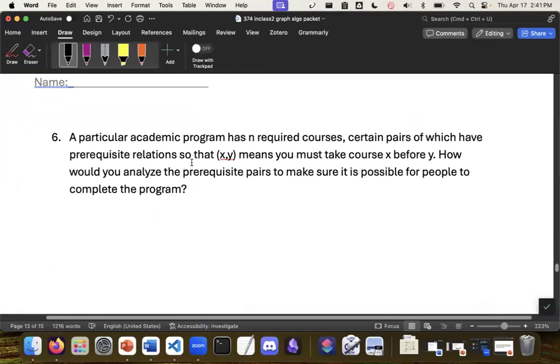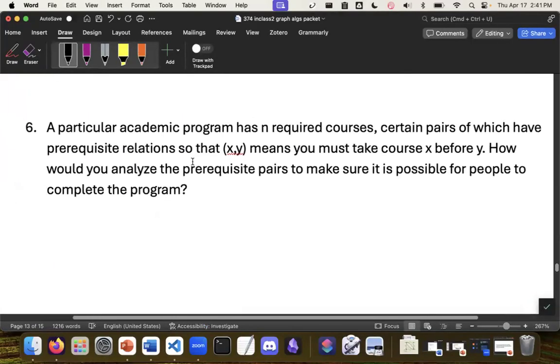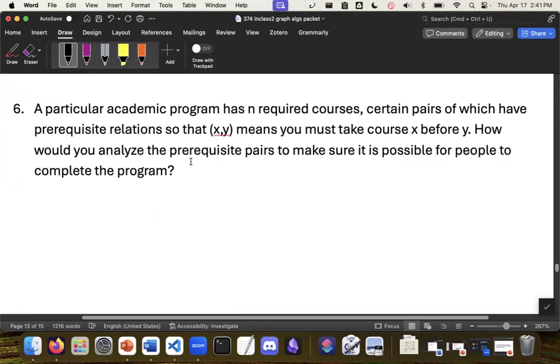Let's look at prerequisites. Okay, so we're in a particular academic program, maybe the computer science department, and we have a certain amount of required courses. If you're not a graduating senior, you're probably getting ready for advising and figuring out what classes you're taking next semester. So you know that some classes have prerequisites. I think the prereq for this one, 374, is 222.